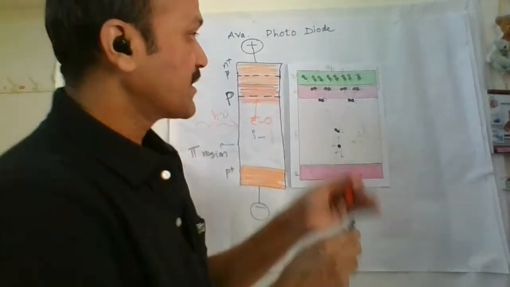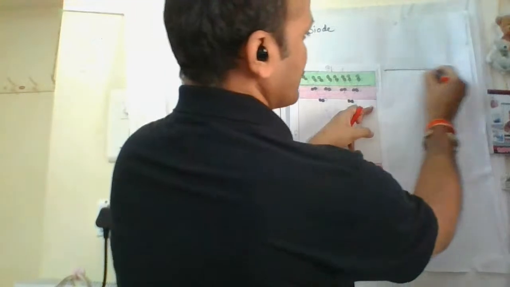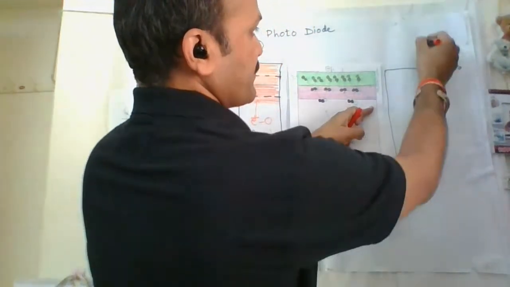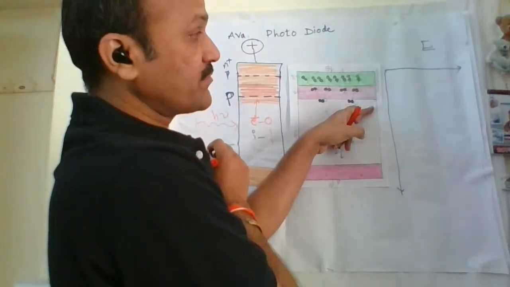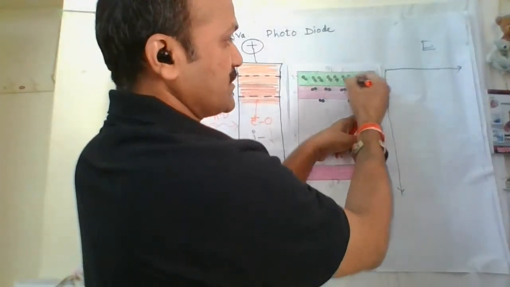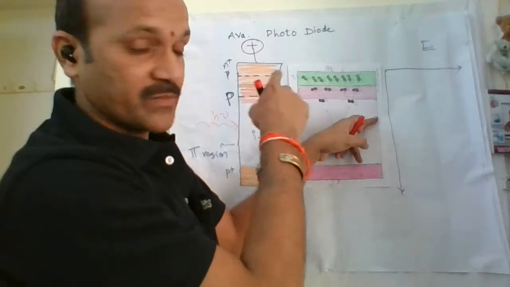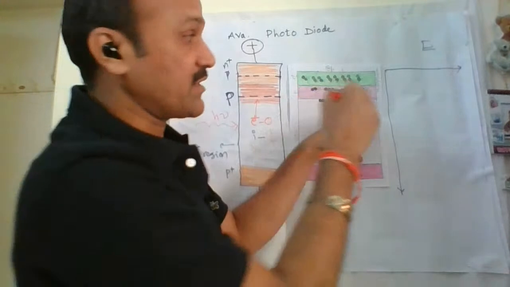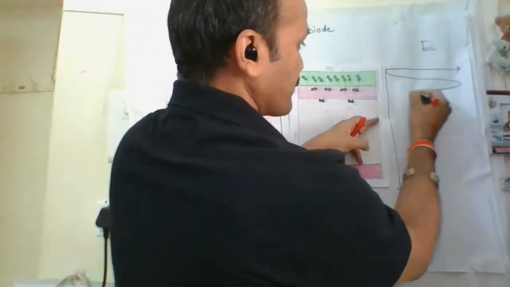We'll see the electric field profile in this region. You draw the electric field profile. Are you able to see? Now see, in the bias region, a higher electric field is present. So here the gain is more.